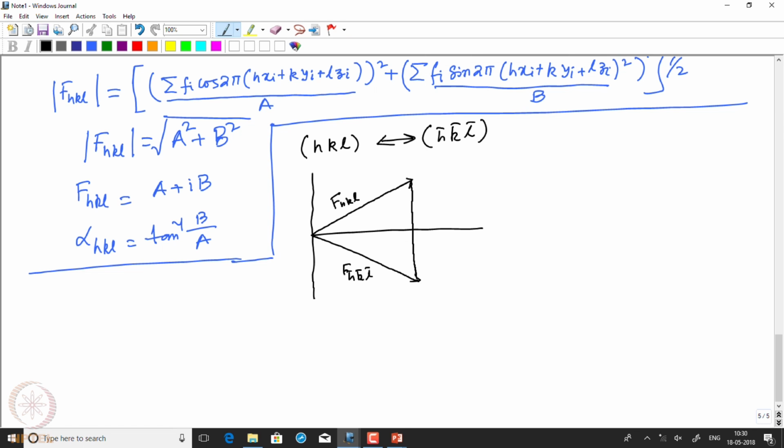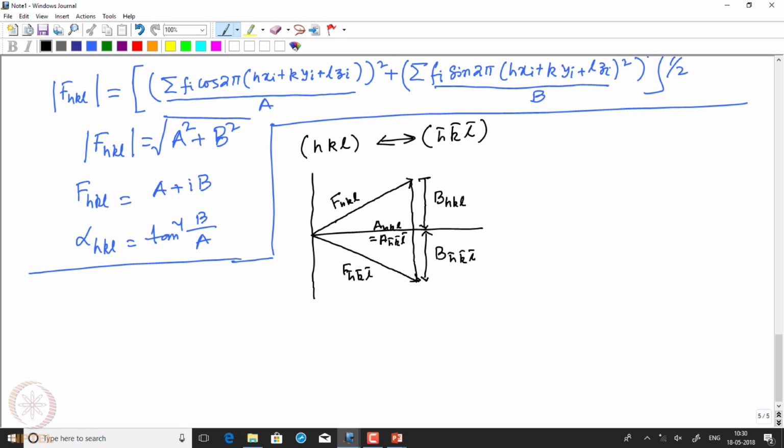If we join the two tips, this portion represents BHKL and this portion represents B H bar, K bar, L bar, and here it is AHKL equal to A H bar, K bar, L bar.